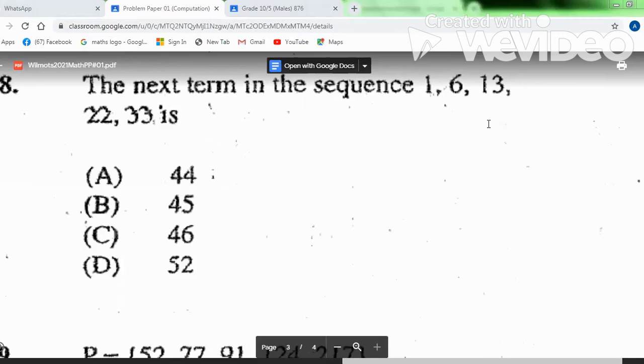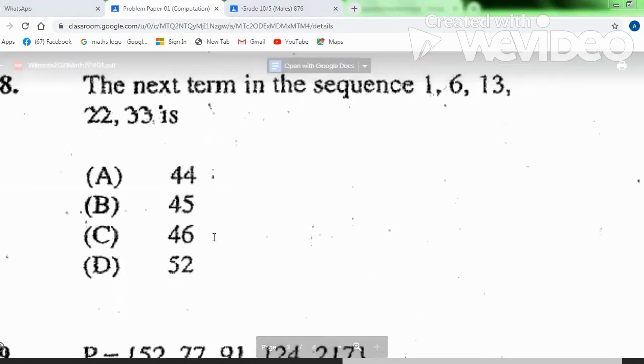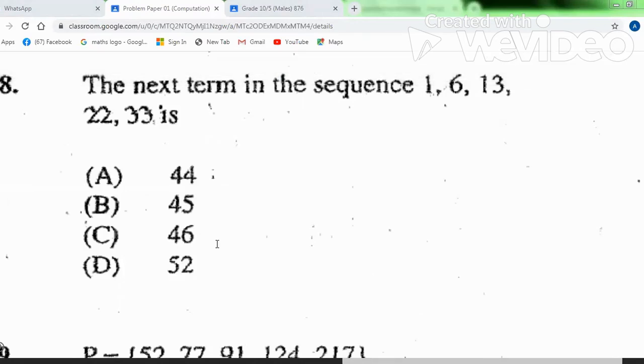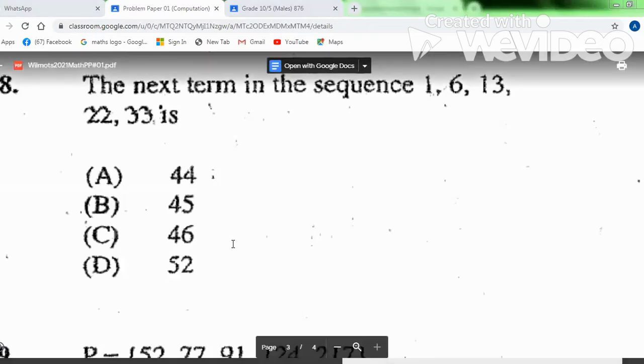Hold on, you can't get that. What is it now? 22, 33, at the most 44. No, it's wrong. It's not A. No, guys, just try to work it out.